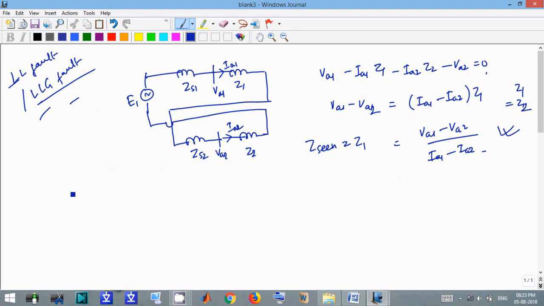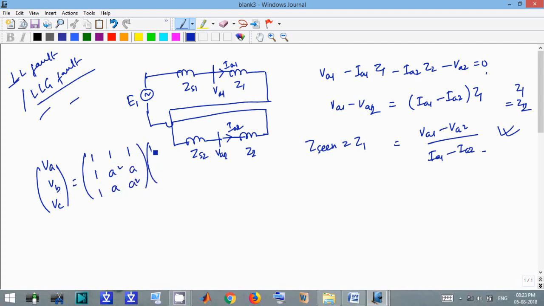In case of, say, BC fault, we need a term in terms of B and C. Now say VA, VB, VC equals the matrix with A square.